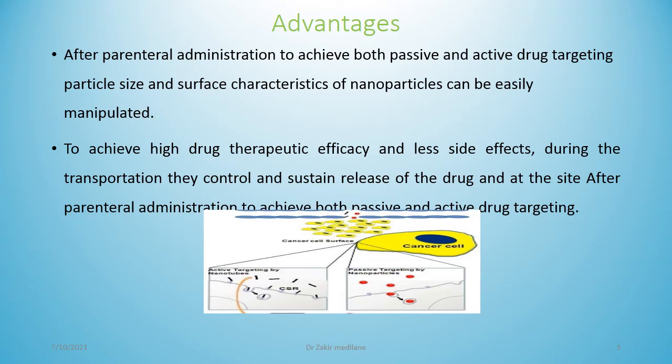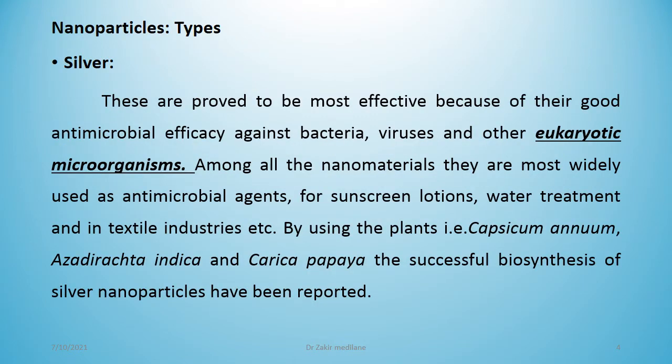Coming to the next slide, slide number 4, we can see the slide numbers on the right end. Here we are going to discuss the different types of nanoparticles. I am going to discuss silver nanoparticles first. Silver nanoparticles are proved to be most effective because of their good antimicrobial efficacy.